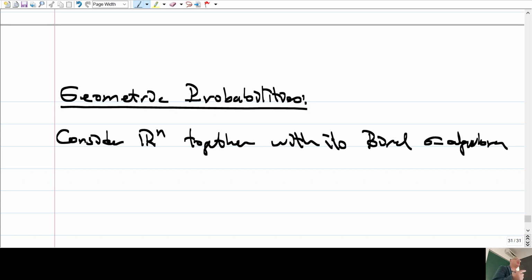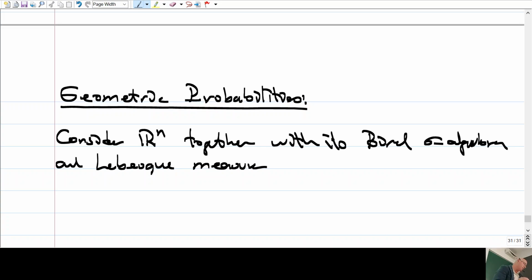What was the Borel algebra? It is the algebra generated by all open subsets. Since algebras are closed under complements, it is also the algebra generated by all closed subsets. And we consider that algebra again with its Lebesgue measure.